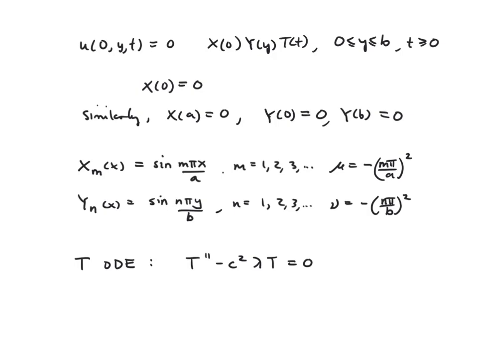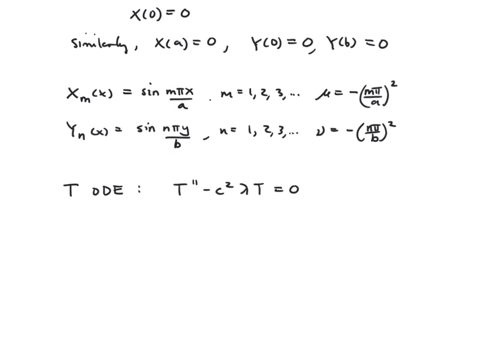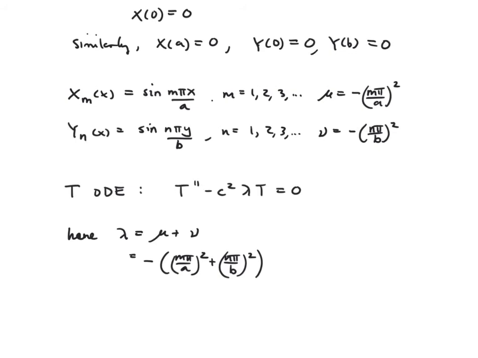All right, so I know what the lambda values are. It's mu plus nu, which is negative (m pi over a) squared plus (n pi over b) squared. Now the two negatives, the one in lambda and the one in the ODE right here, would cancel and give you a positive value.